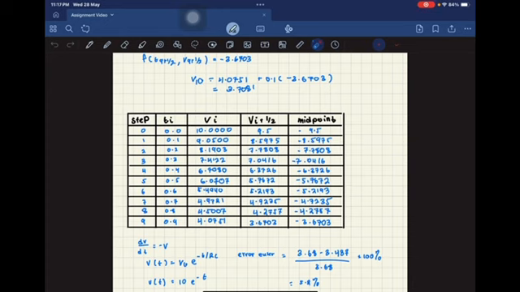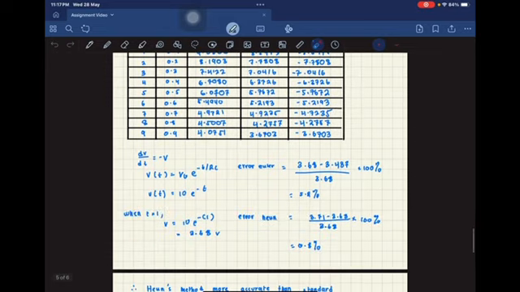And then before we compare both methods, we need to find the error over the exact value. So first we need to derive the equation to find the exact value for V at 1 second.